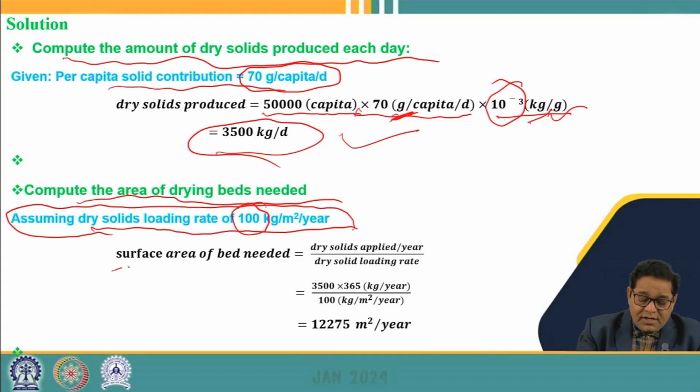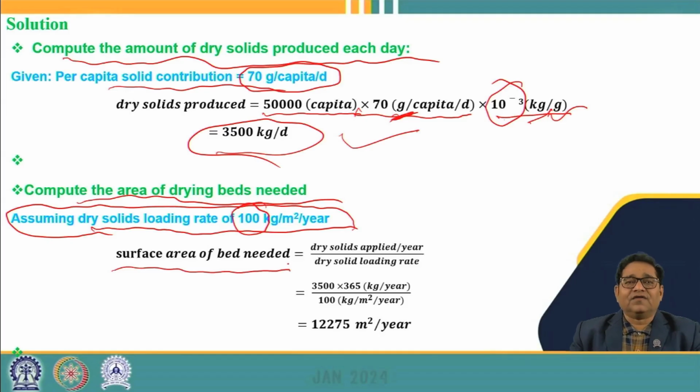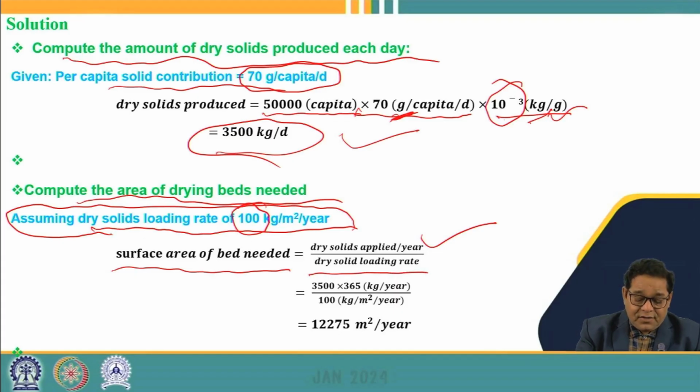Accordingly, the total surface area required for the sludge drying bed will be equal to the total amount of dry solids produced in a year divided by the assumed dry solid loading rate, or sludge loading rate.